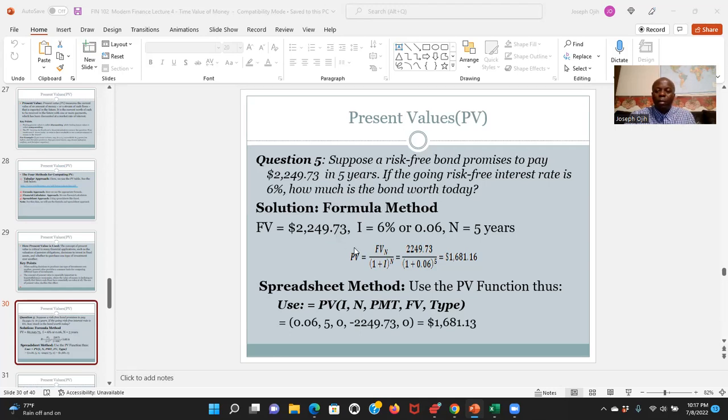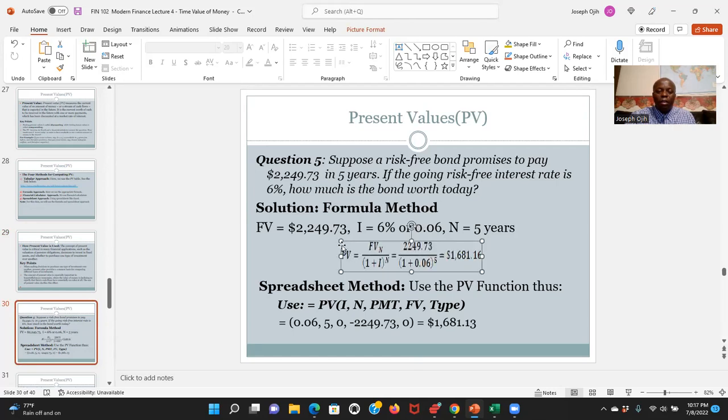First method is the formula method, and it has the formula for present value right here. Before we use this formula, which says PV equals future value divided by 1 plus I, where I represents the interest rate, raised to the power n, where n represents the number of periods, in this case, number of years.